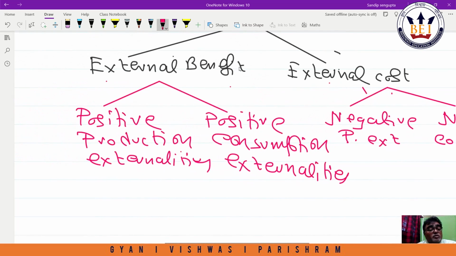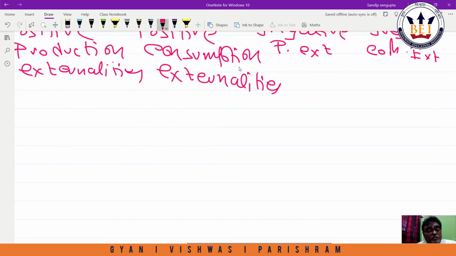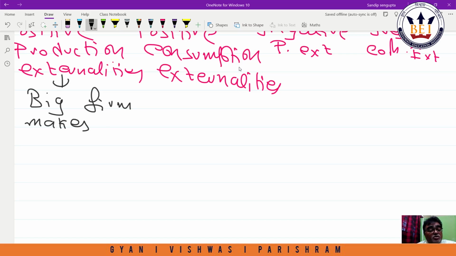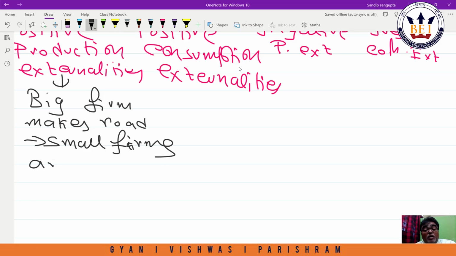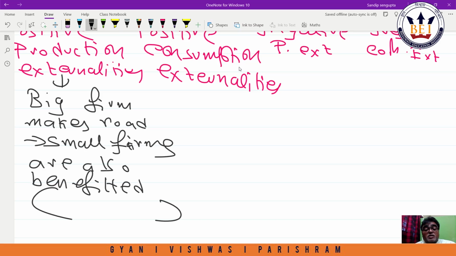Now take one example to share with your examiner. Positive production externality: say one big firm makes a road. He is the beneficiary, but small firms are also benefited. Why? Because their average cost keeps on diminishing.